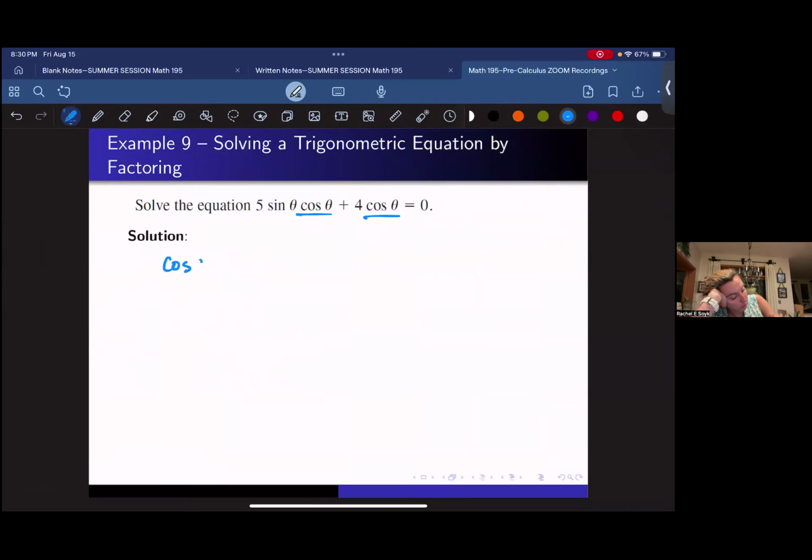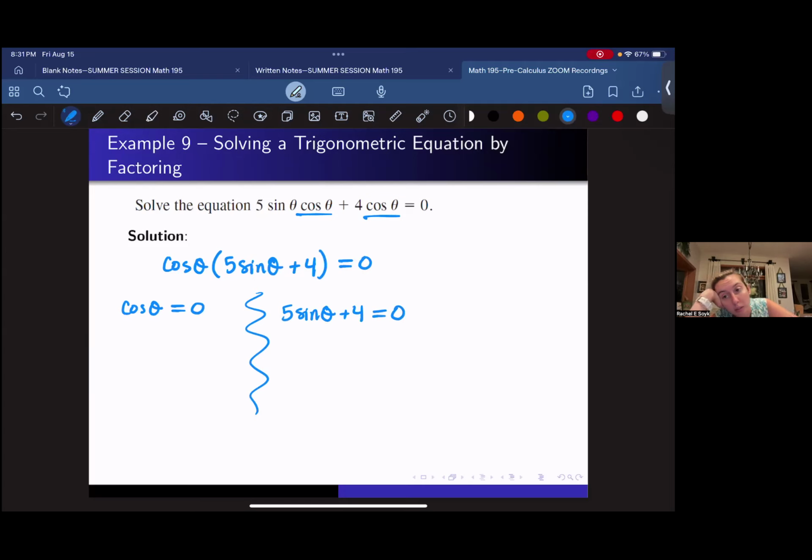And we're left with cosine theta in parentheses 5 sine theta plus 4 is equal to 0, which means we set cosine theta equal to 0 for some potential solutions. And then we set our 5 sine theta plus 4 equal to 0.